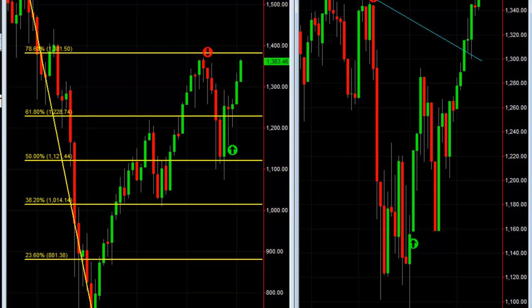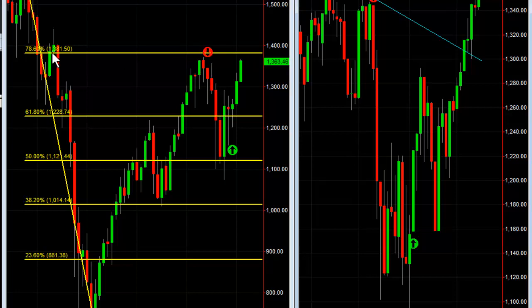This Fibonacci takes the contract high back in '08 to the contract low back in '09 and draws these retracement levels. So we're getting back up here to the 78.6, and a lot of times these Fibonacci zones form some pretty good resistance the first time up.